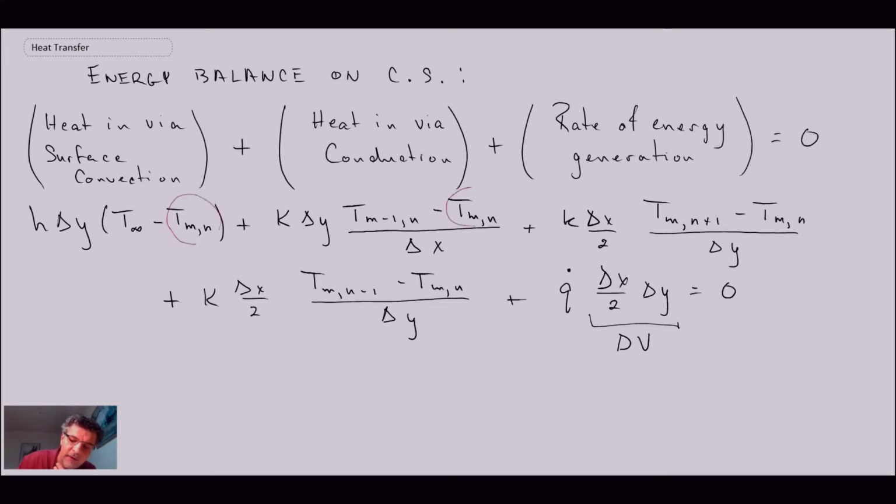So we're going to try to isolate for T_m,n everywhere in this equation, and we're going to bring that to the left-hand side. I'm not going to do it, I'm just going to show you the result of that exercise. And this is under the assumption, again, of a uniform grid spacing. So delta x is equal to delta y. And if we can make that assumption, then T_m,n turns out to be the following.